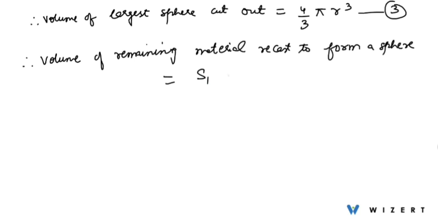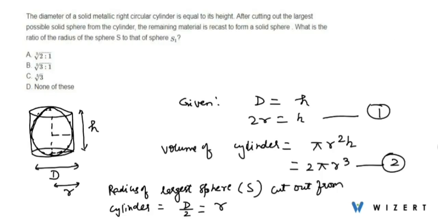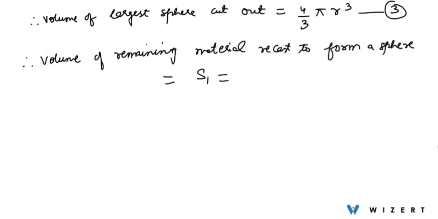So this sphere S1's volume will be equal to the total volume of this cylinder that we have calculated, 2 pi r cube, minus the sphere that we have already cut out, whose volume we calculated as 4 by 3 pi r cube. So the volume of remaining material will be the difference of these two: 2 pi r cube minus 4 by 3 pi r cube. So this will be equal to 2 by 3 pi r cube.